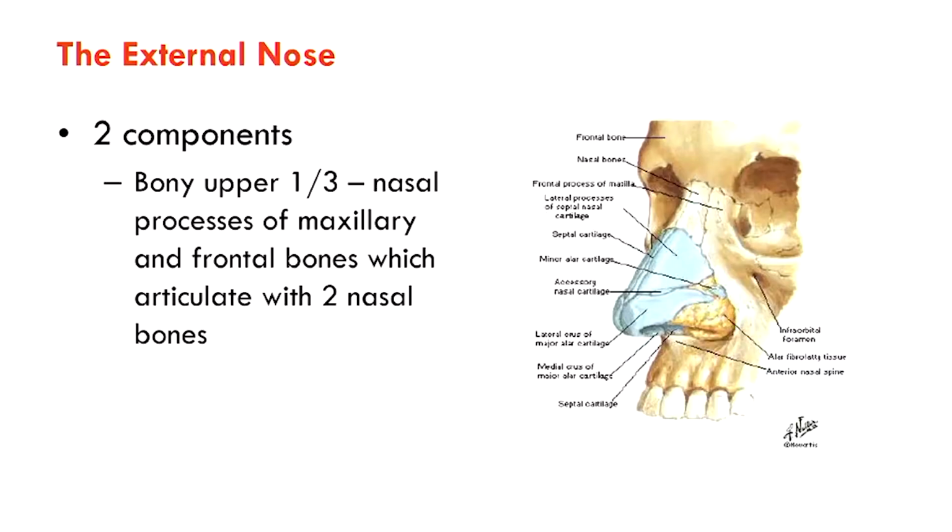So the external nose, there's a bony upper third which comprises of a number of bones, but predominantly the two nasal bones and the immediate articulations, or the interfacing the maxillary and frontal bones. And in the lower two-thirds, it's cartilaginous, comprised of the upper and lower lateral cartilages.